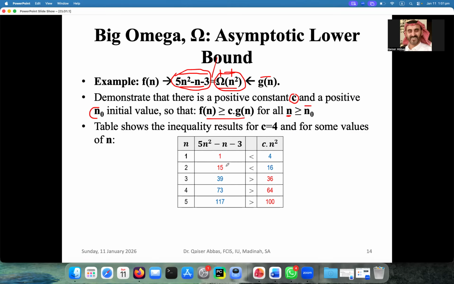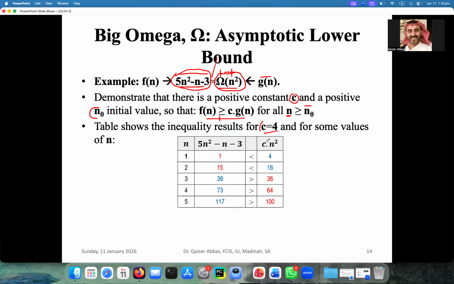If we take c equal to 4, how did I get 4? You do hit and trial from 0 to 5, and you will find where this condition becomes true.